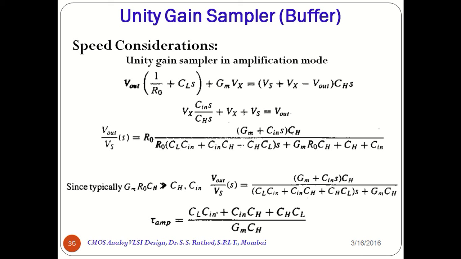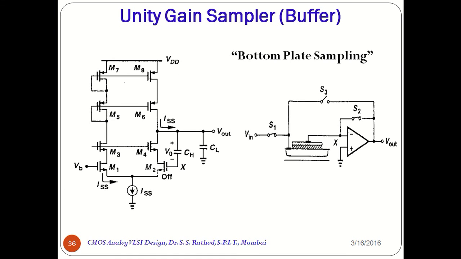So if input capacitance is very small as compared to CL and Ch, then this equation reduces to CL upon Gm, which is an expected result because with a negligibly small value of Cin, the output resistance of the unity gain buffer is equal to 1 by Gm.